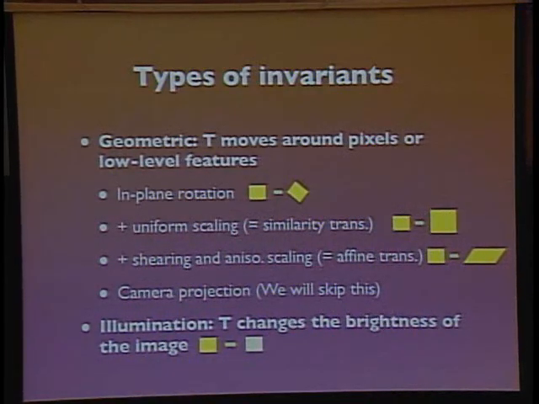So this comes up a lot, where someone will propose to you a new sparse region detection technique, and they'll say, this is great because it's affine invariant, or it's invariant to the set of similarity transformations. Now you know what that means.